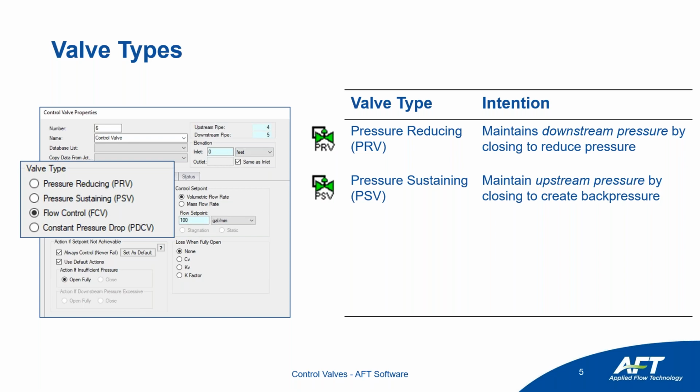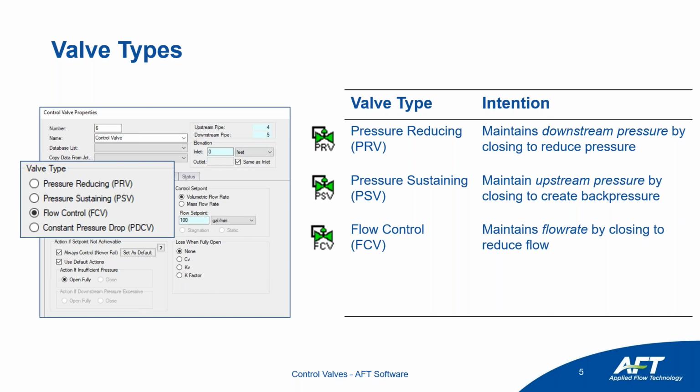And so as it gradually closes, it creates more and more upstream pressure. You can imagine kind of the extreme. If the pressure sustaining valve were to close, that would be the maximum pressure that you would see at that valve, and then it can gradually open to allow more flow, allow some of that pressure to be relieved through the rest of the system. And we'll talk about those failure states, or quote unquote failure states, a little bit more in the next few slides.